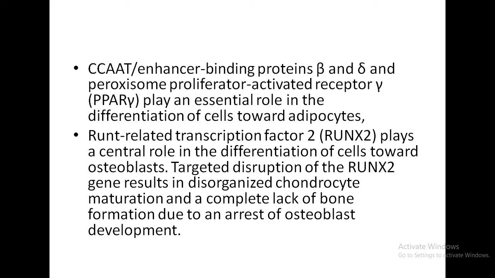If RUNX2 is disrupted or made inactive, it results in a mass of cartilage, disorganized chondrocytes, and a complete lack of bone formation due to an arrest of osteoblast development. So if RUNX2 is affected, the osteoblasts fail to develop, and bone formation is also impaired.